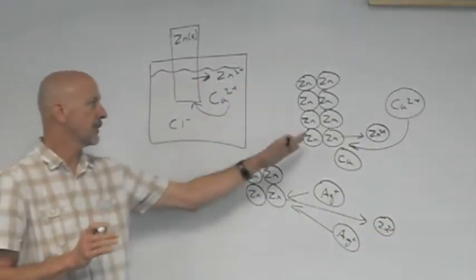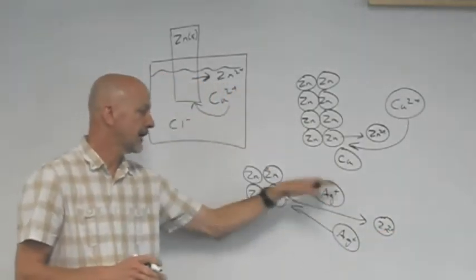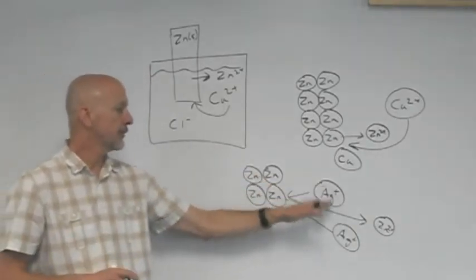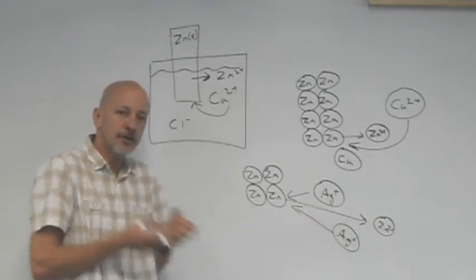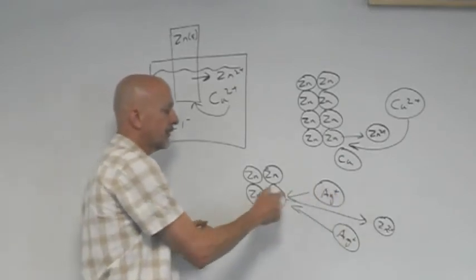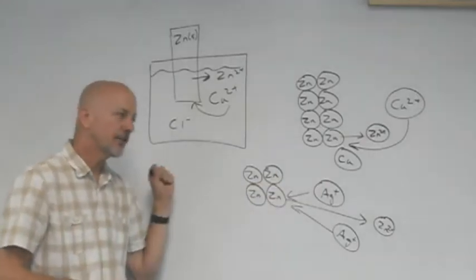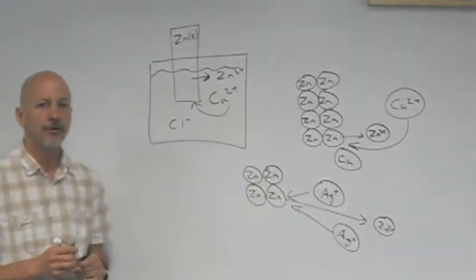So it's not always a one-for-one transfer. Sometimes I can have different ratios of how these transfers take place, but it's always the same idea. Silver has a greater affinity for electrons. It comes into contact with zinc, which readily releases the electrons. Silver takes the electrons. Zinc becomes the positive ion.